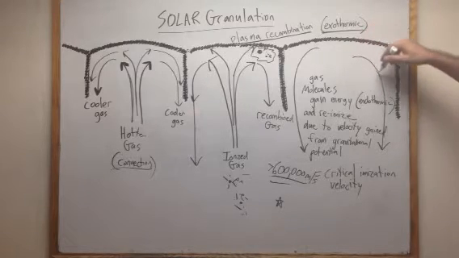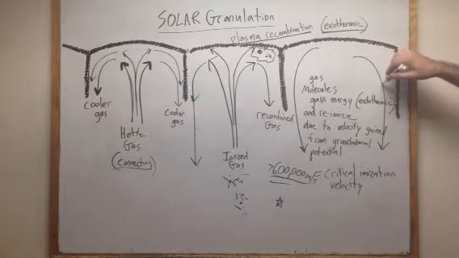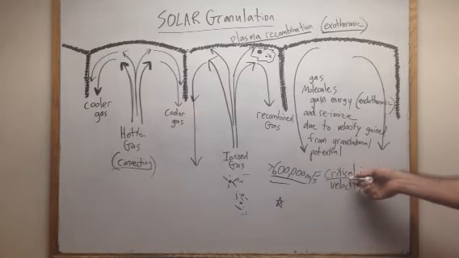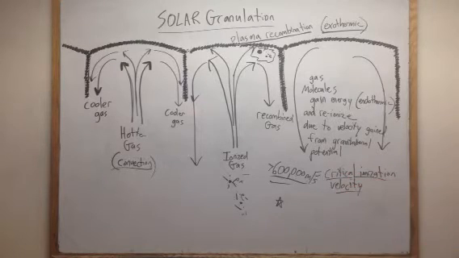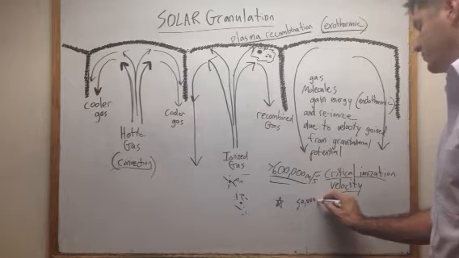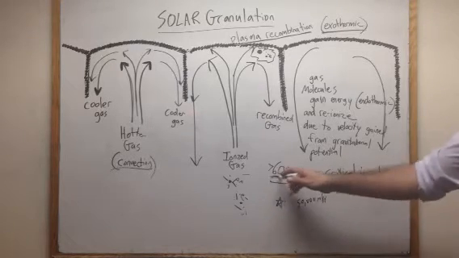So the gas falls down at that velocity, and then it reaches a point where it reionizes because it reaches its critical ionization velocity. The highest critical ionization velocity, I think, was only 50,000 meters a second, and that's for hydrogen. So this is well above that range.